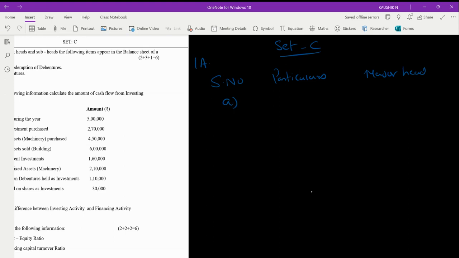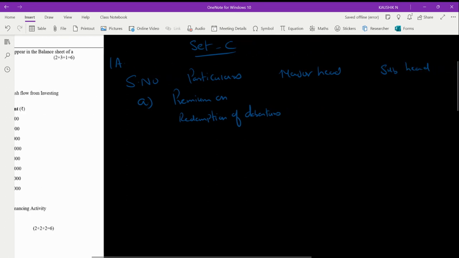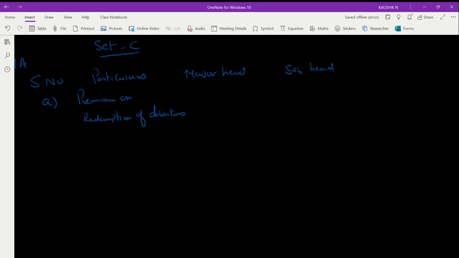Major, the item you write here: premium on redemption of debentures. Major head will be, it is a non-current liability.